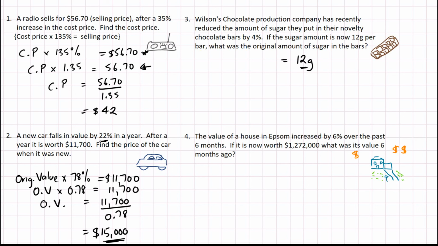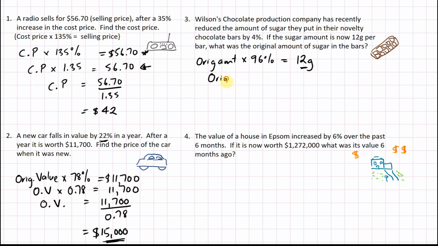The original amount in the bars has been reduced by 4%. So reduced by 4% means we need to multiply the original amount of sugar in the chocolate bar by 96%, and that would give us 12 grams.